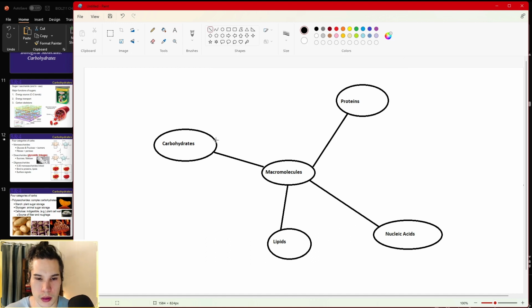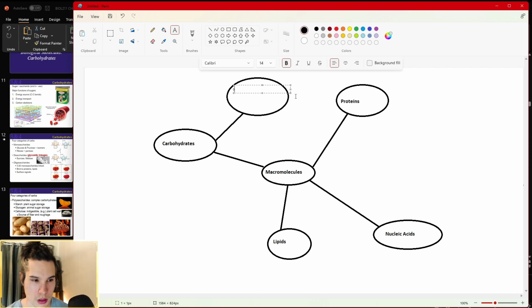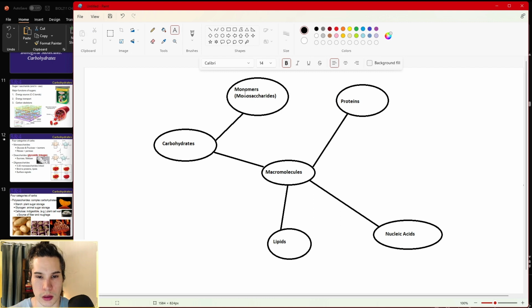So branching off from carbohydrates, what is one thing that we can list first? How about the monomers? What are those monomers? And in parentheses, I'll put monosaccharides. And then below this, instead of drawing little lines, we don't have to make it too complicated. I'll just make a little list underneath it, some bullets.